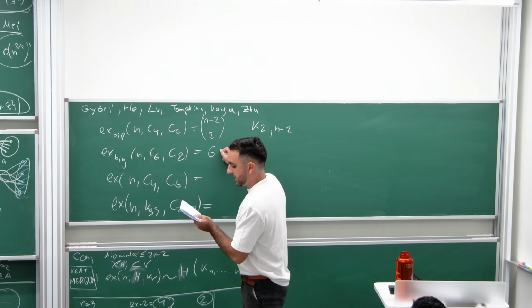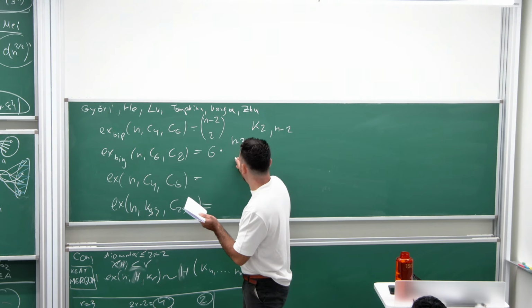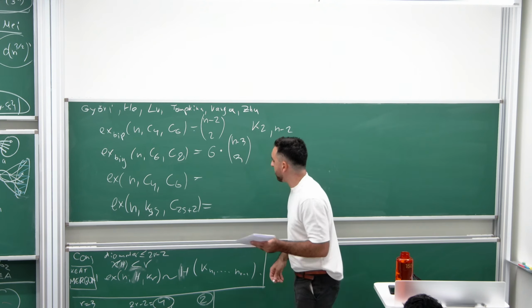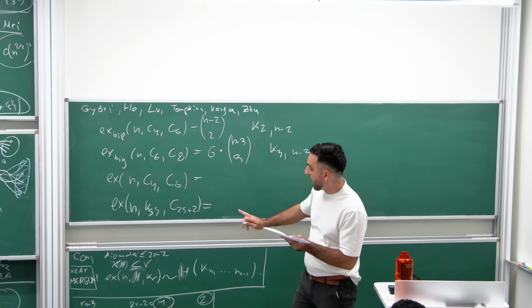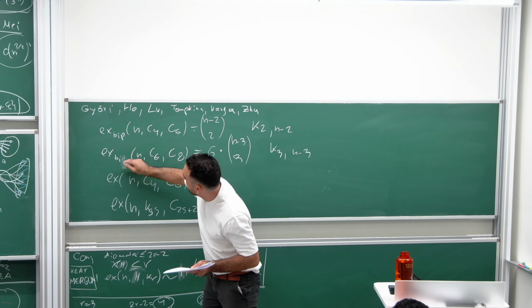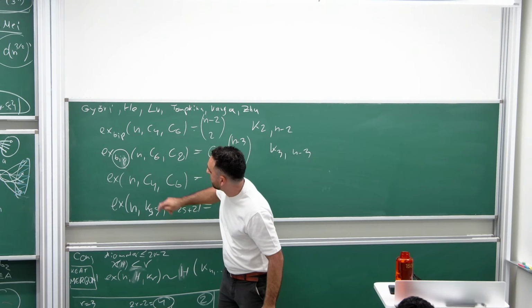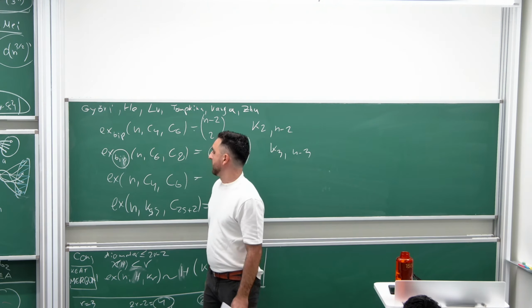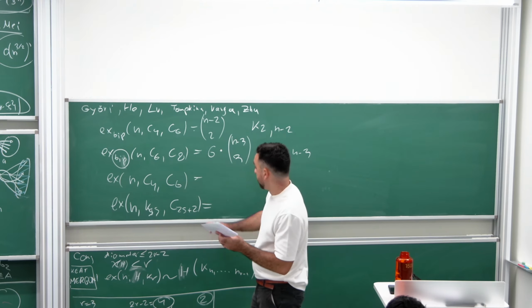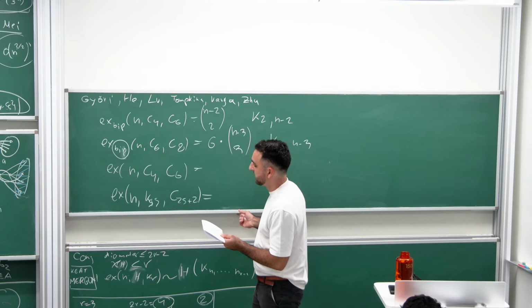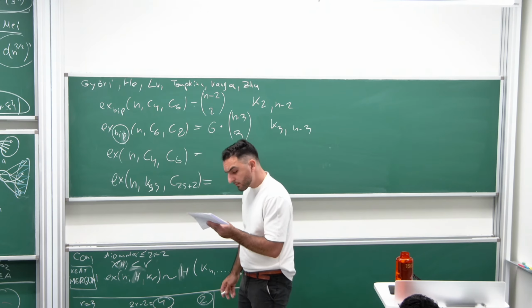This is 6 times n minus 3 choose 3. So this is the same. Here I write bipartite, so this means that we are considering n vertex bipartite graphs. So that's a Zarankiewicz problem. And finally we have two general results for non-bipartite graphs.